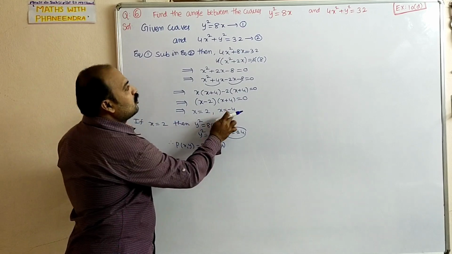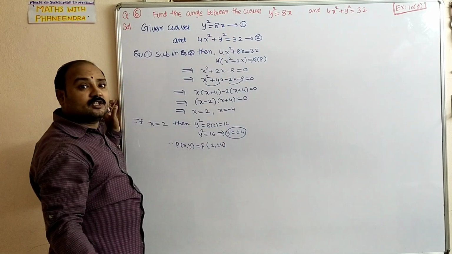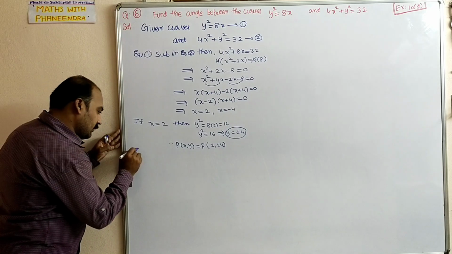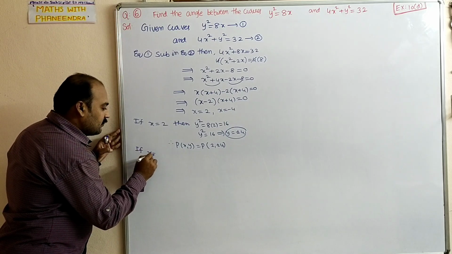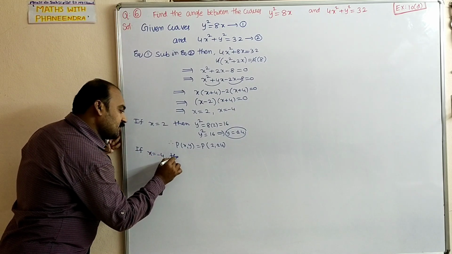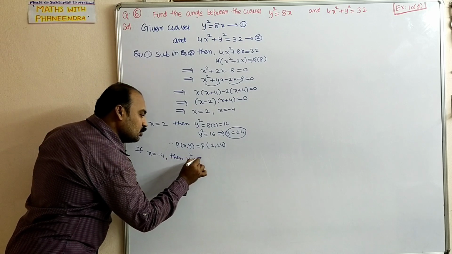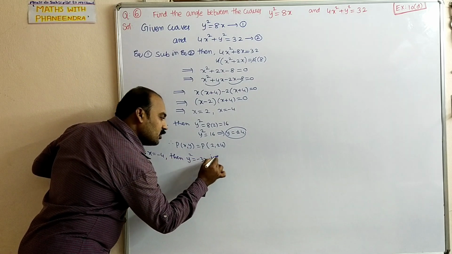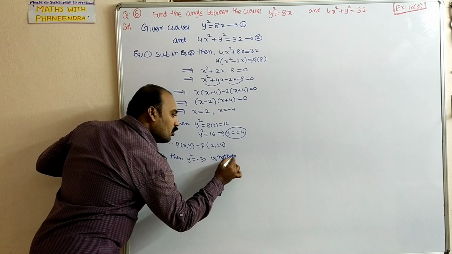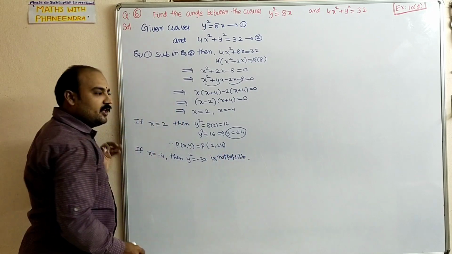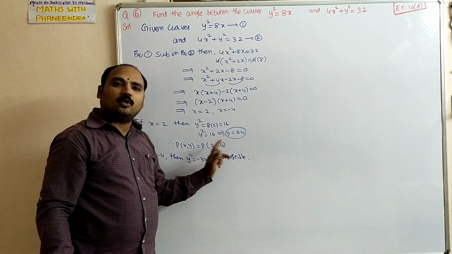If x is equal to minus 4, then y square equal to minus 32 is not possible. So go for only the first case. Here 2 points are there, 2 comma 4 and 2 comma minus 4.